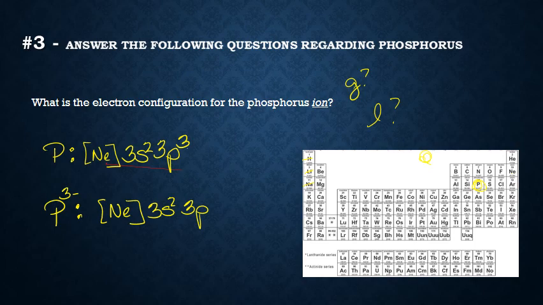It gained 3 electrons, so this 3p3 becomes 3p6. If I look at the periodic table, the phosphorus ion has the exact same electron configuration as argon.